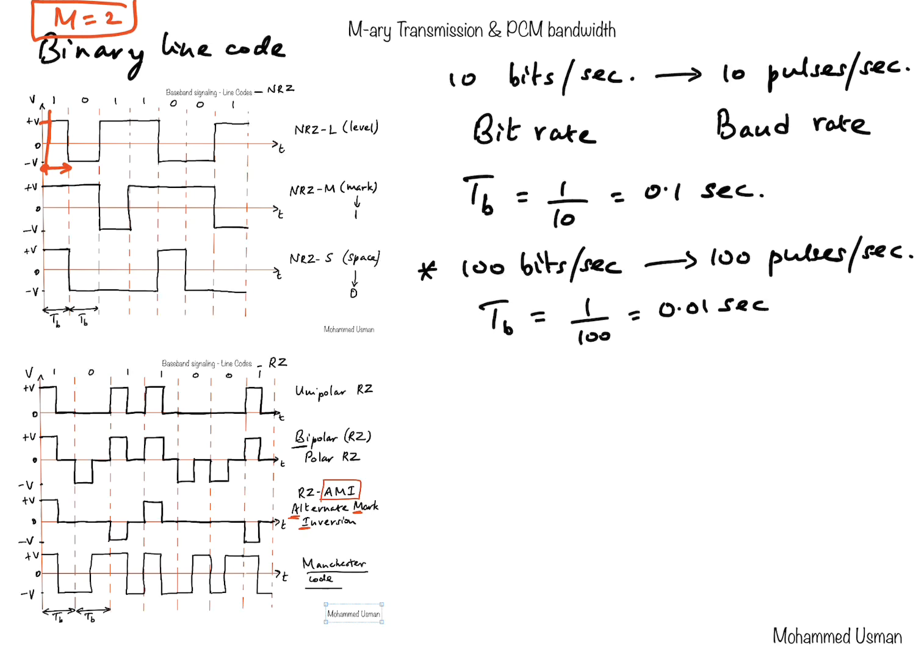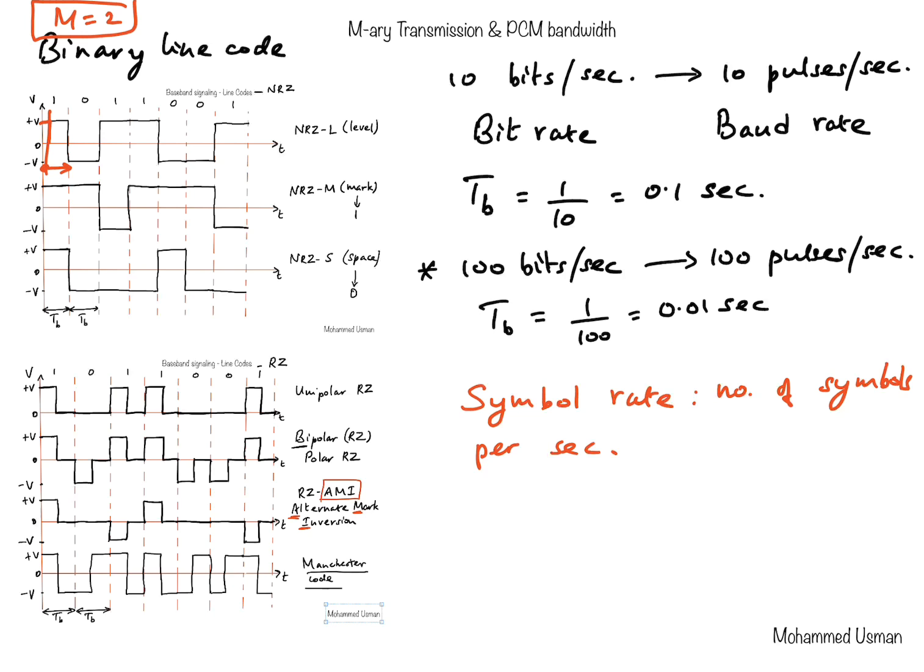And another definition that we need to be familiar with here is the symbol rate, which is nothing but the number of symbols per second, which is similar to the baud rate.